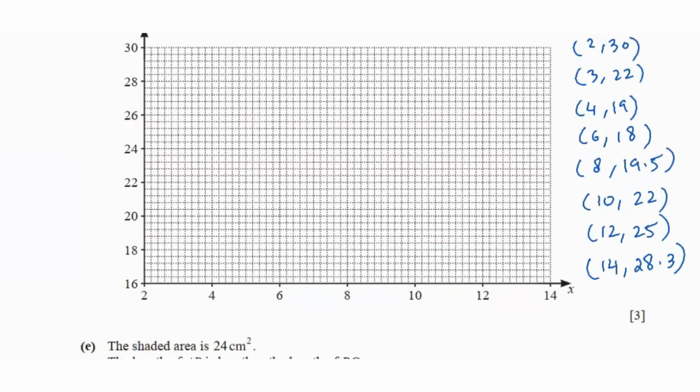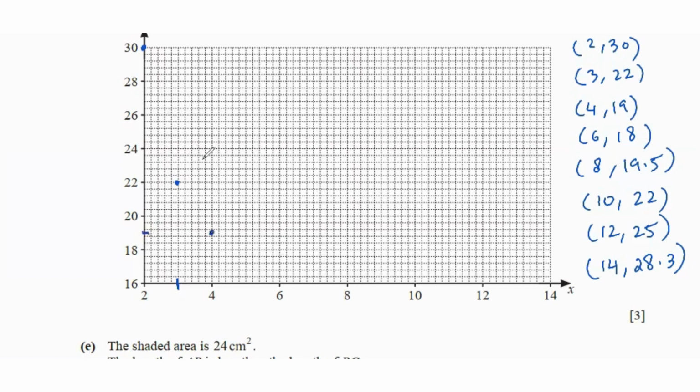So now let's plot these. 2, 30 is going to be over here. 3, 22 is 1, 2, 3, 4, 5, so that's going to be in the middle over here. Then 4, 19, 1, 2, over here.